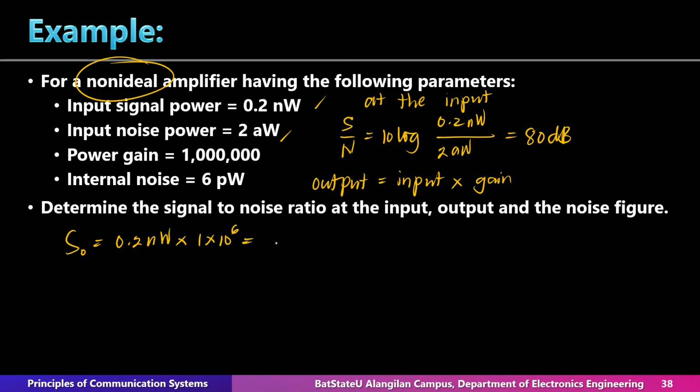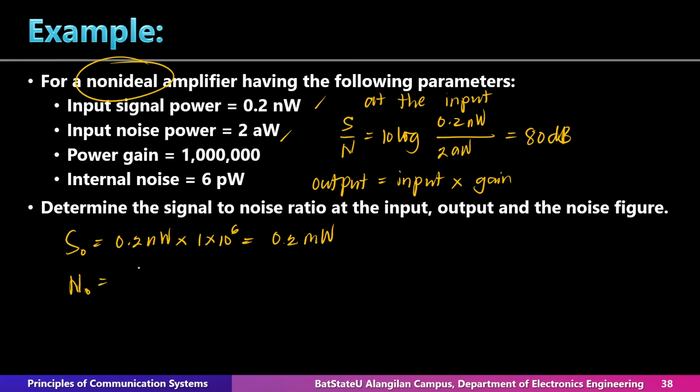Nano is to the negative 9, and this is to the 6. Negative 9 plus 6 is negative 3. So 0.2 milliwatts.